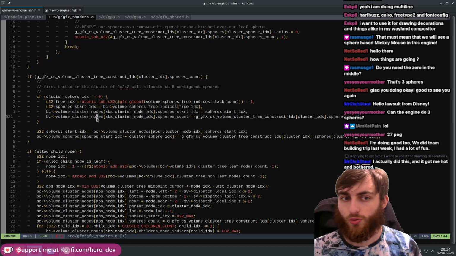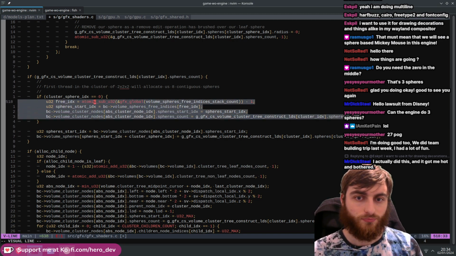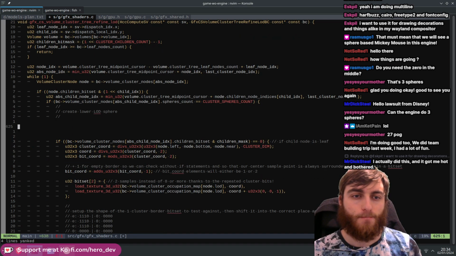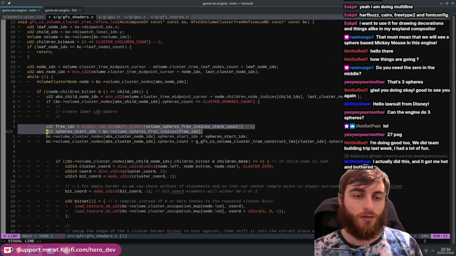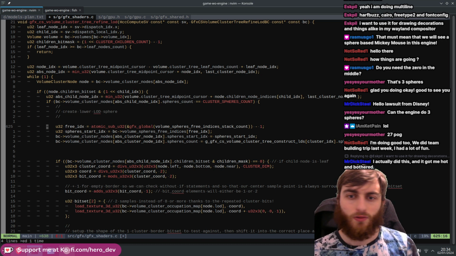So we should just copy this code. Since we own this, like one thread per node, this is safe.